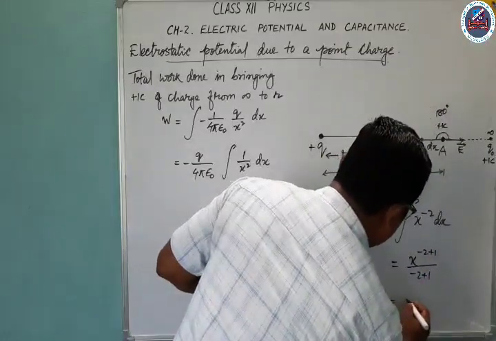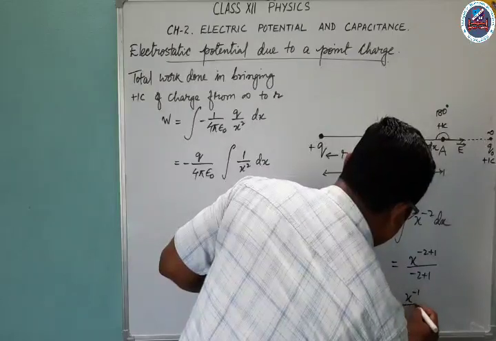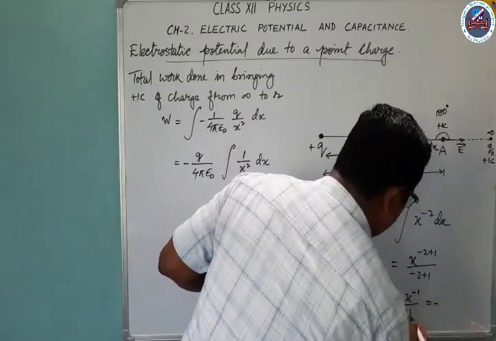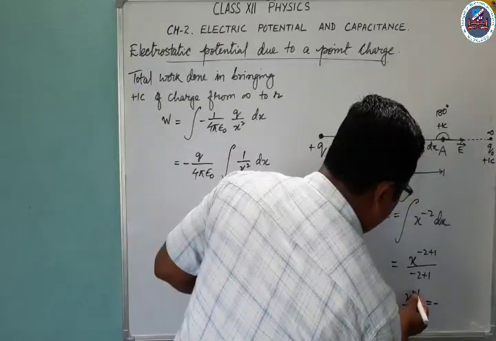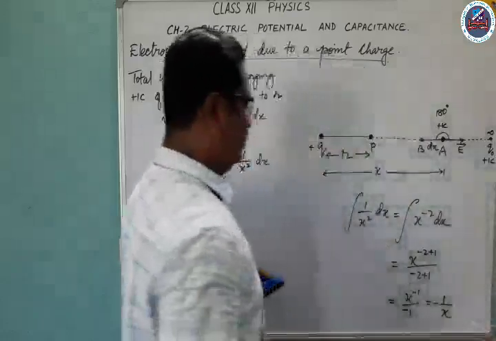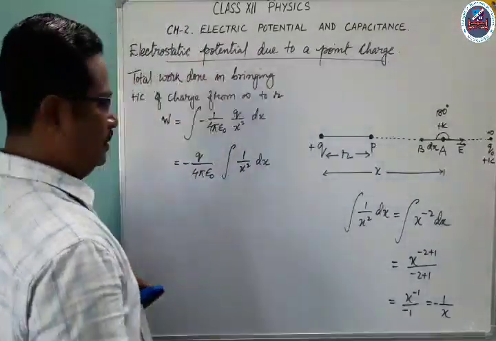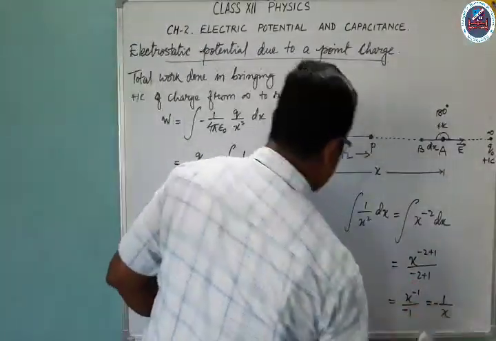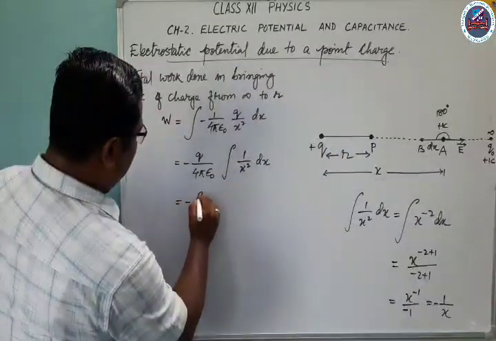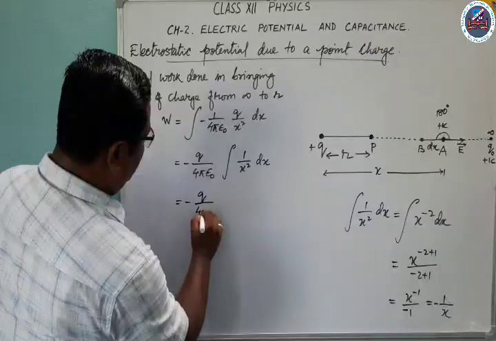It will give us x to the power minus 1 divided by minus 1. It will be equal to minus, and this power minus 1, bring it down, it will become 1 by x. It will look like this. Negative power will become positive.